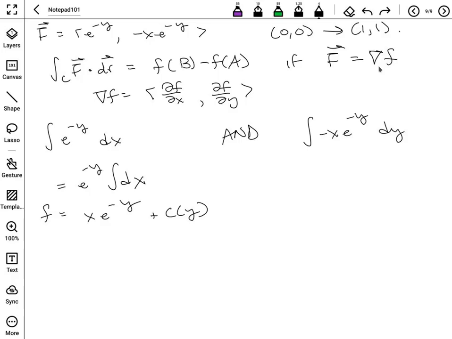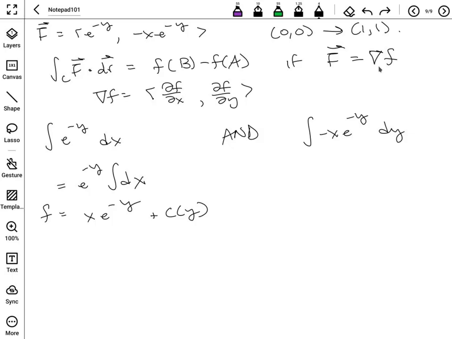It's a constant as far as x is concerned, but it's allowed to have terms of y in it. That would also give me that e to minus y is the derivative with respect to x. That's why I go over to my second component and try integrating that one with respect to y. That way I can uncover any y terms that I missed before.